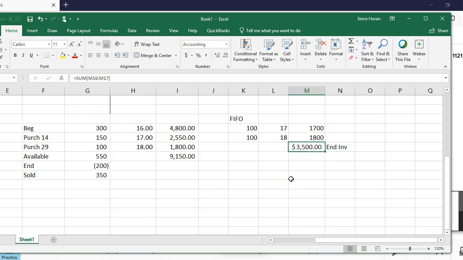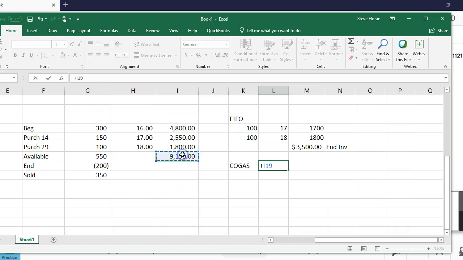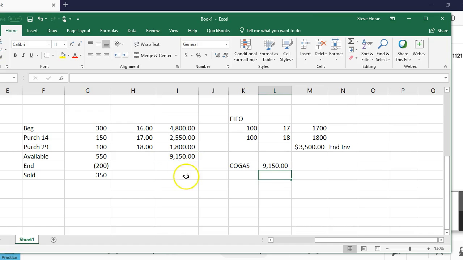And then my cost of goods sold, kind of think how we'd calculate that. There's a couple ways to do it, but this is the periodic method. And so under periodic, what I do is I start out with my cost of goods available for sale, COGAS, and that's this number here, the 9,150, and then I subtract the ending inventory. Okay, and we all know that's the 3,500. We just got done doing that number.